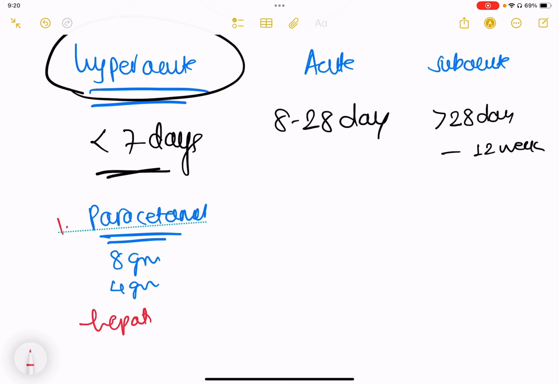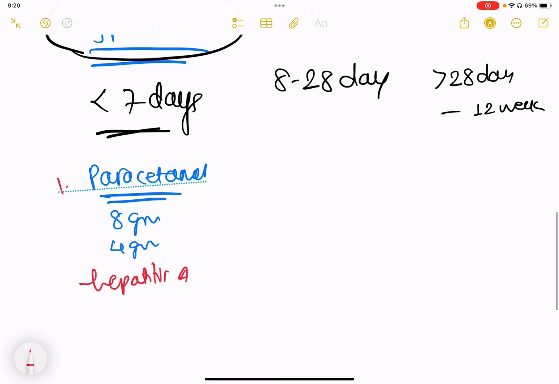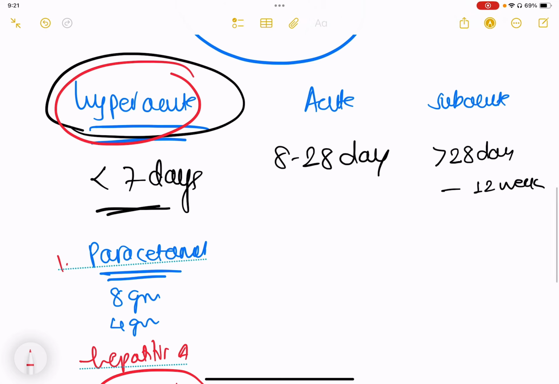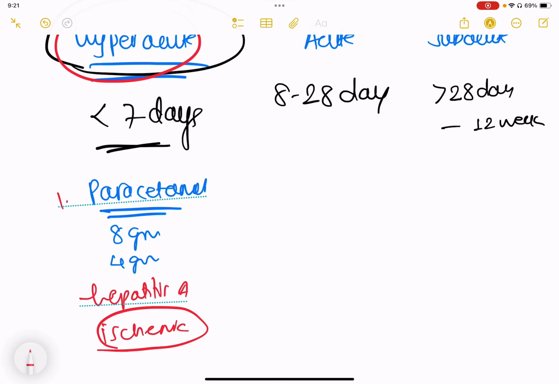Hepatitis A is one of the most common causes of acute liver failure, as is ischemic liver disease. Whenever the patient has right-sided heart failure, which can be because of IVC thrombosis or right atrial pathology, and there is ischemic hepatitis, they present as hyperacute liver failure.